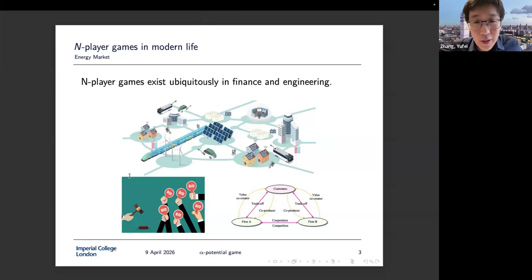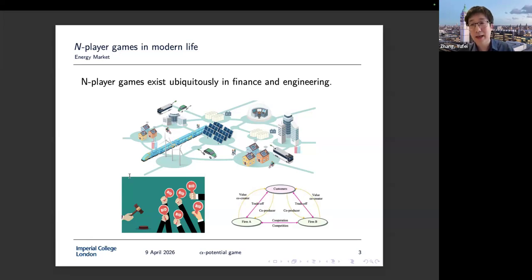So a quick introduction: as we know, n-player games play an essential role in finance and engineering. For example, in production management, there may be several firms producing similar products.